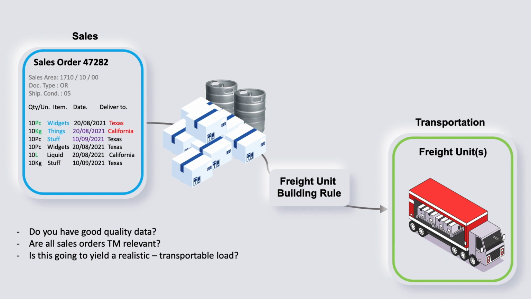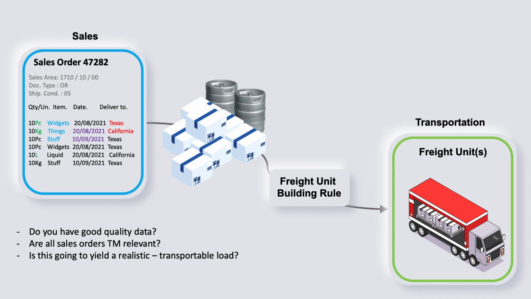We can also see that the sales order is made up of multiple items with different units of measure, being pieces, kilos, liters. We have different products, widgets, things, stuff. We also have different requested delivery dates, and we also have different requested shipping addresses. In this case, we've left it at a high level, being Texas and California. So there is a mix of products, units of measure, dates, and destinations on this sales order.